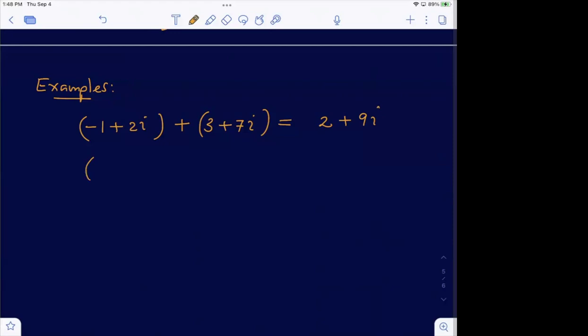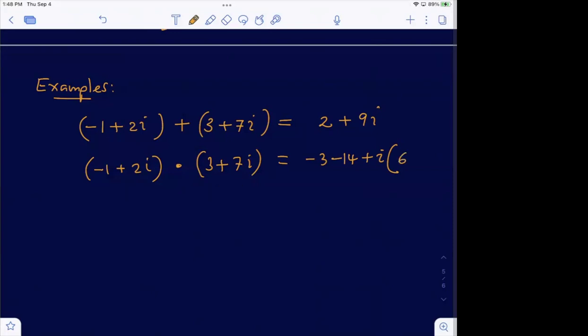And then if you need to multiply, it's easy now. Just multiply the real components, and that would be -3. So -1 times 3, -3, and then 2 times 7, that's 14, and then i times i would make it -1, so -14, plus i times 6, and then -7.